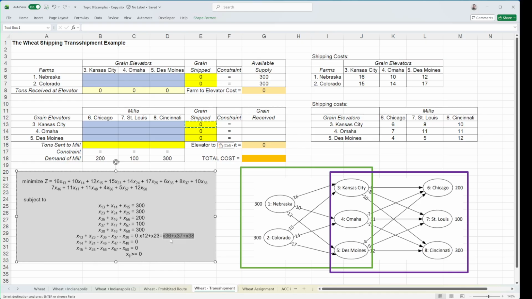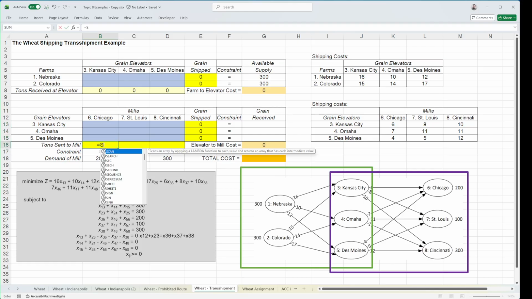It would be the sum of some variables with the same J subscript. There are 2 subscripts, I and J. I is the from location, J is the to location. Getting back to the spreadsheet, it would just be the sum of the 3 blue cells that are above the yellow cell.